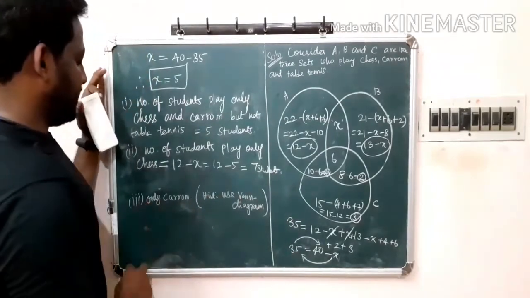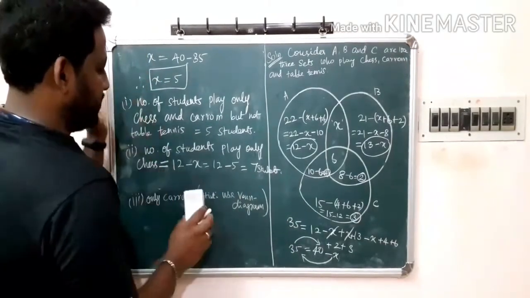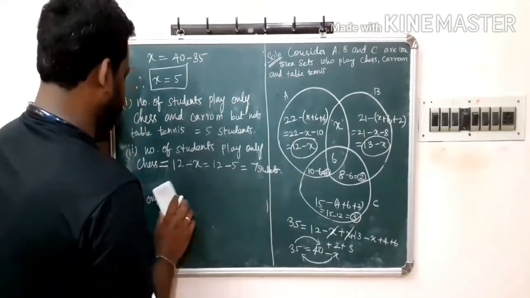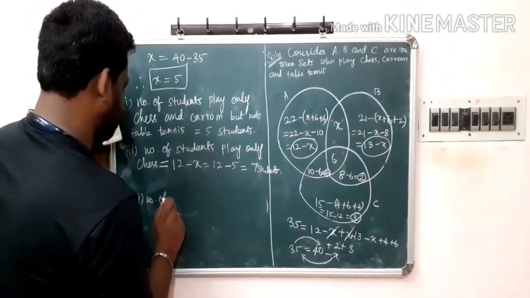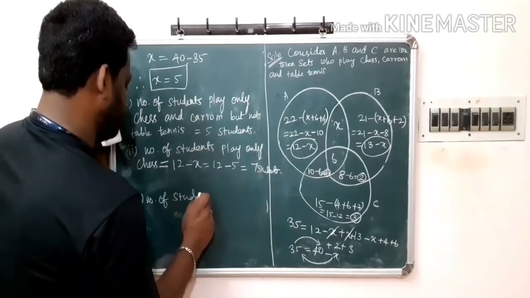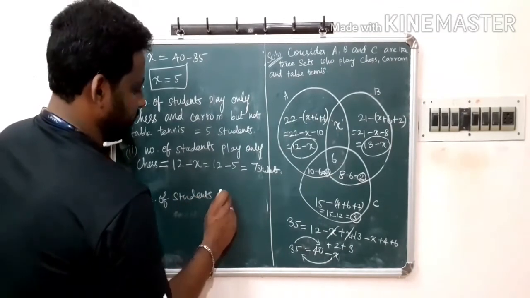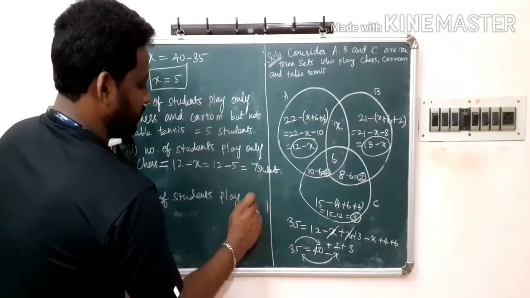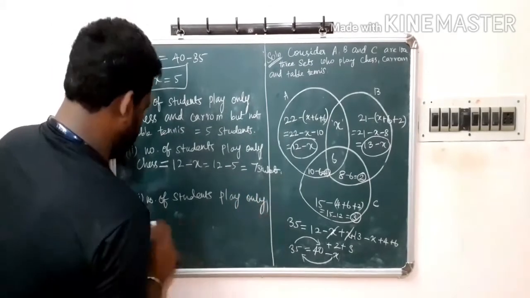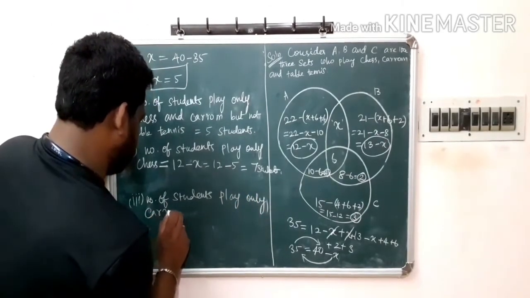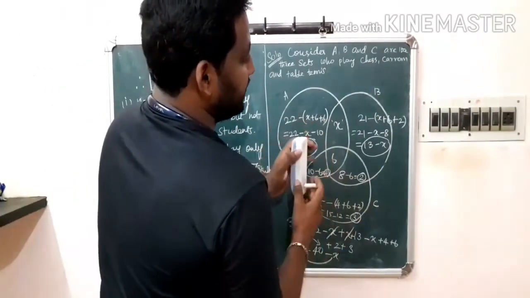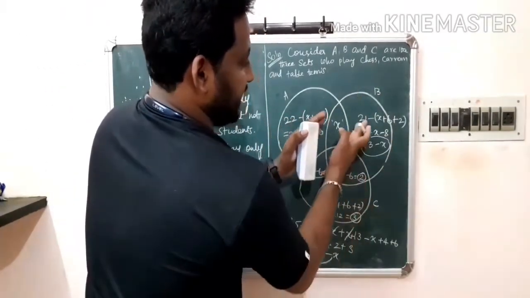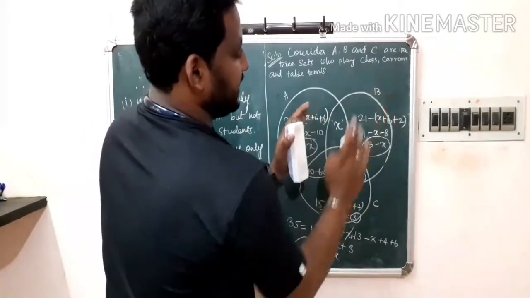Okay, and then the third one, only carom. So those who are playing only carom. So the number of students who play only carom. Set B is carom. This whole set contains 21.